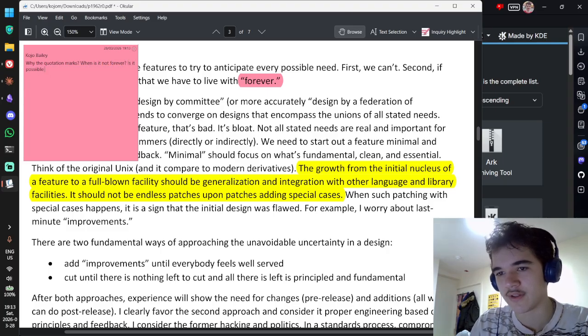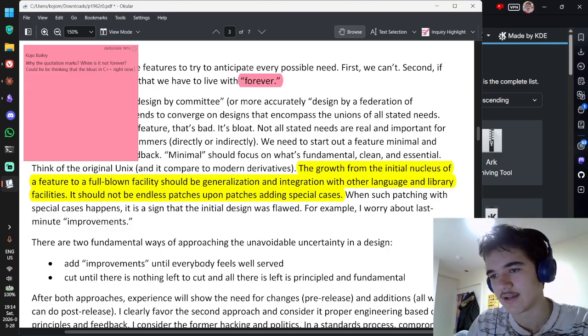Could he be thinking that the bloat in C++ right now is not as forever or unfixable as we may currently think?